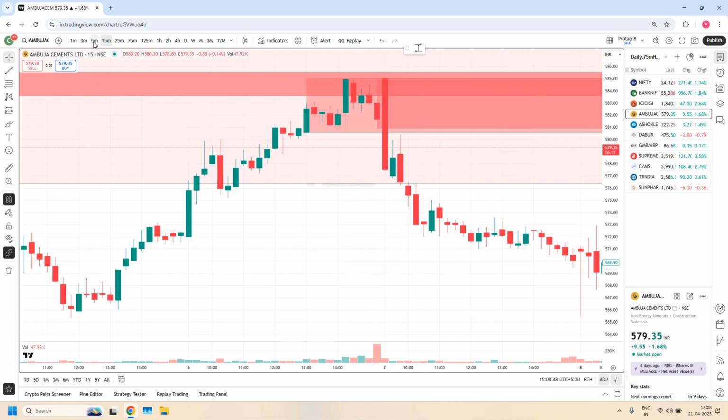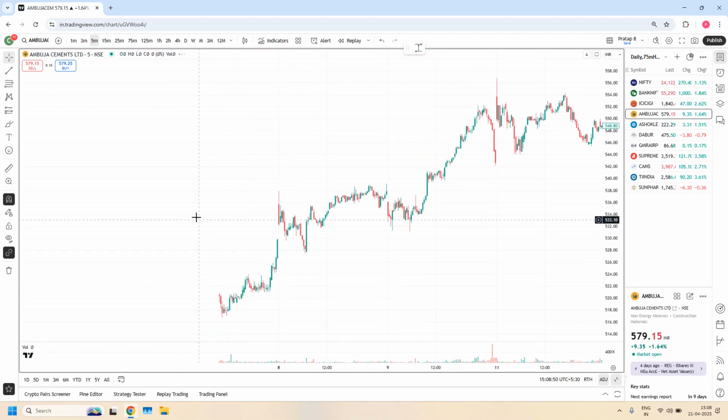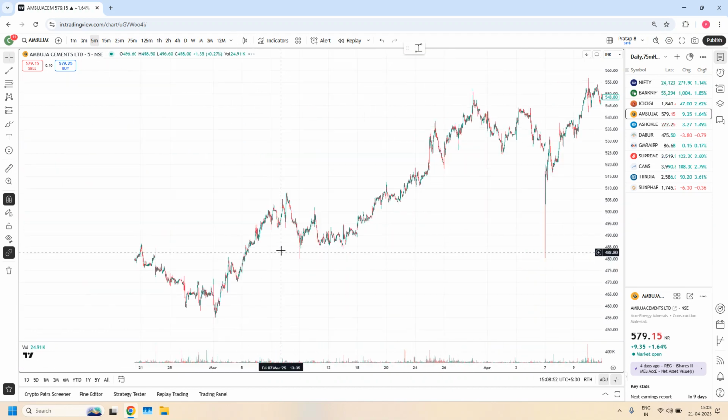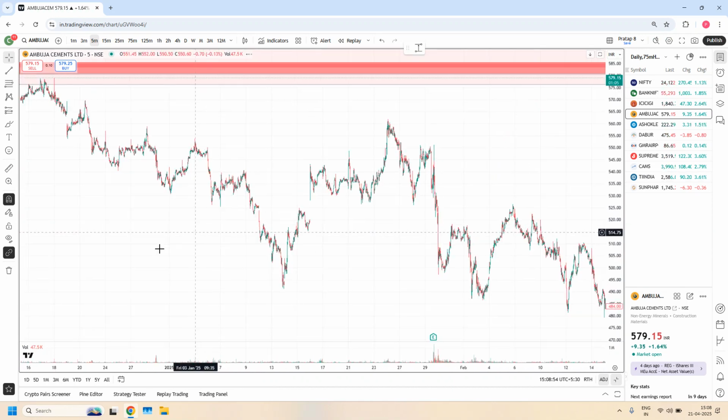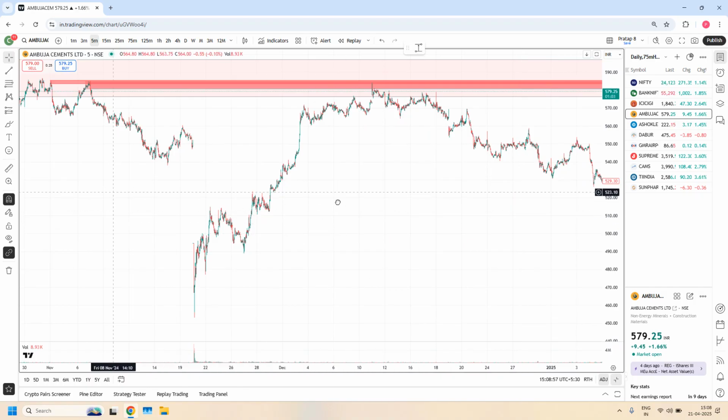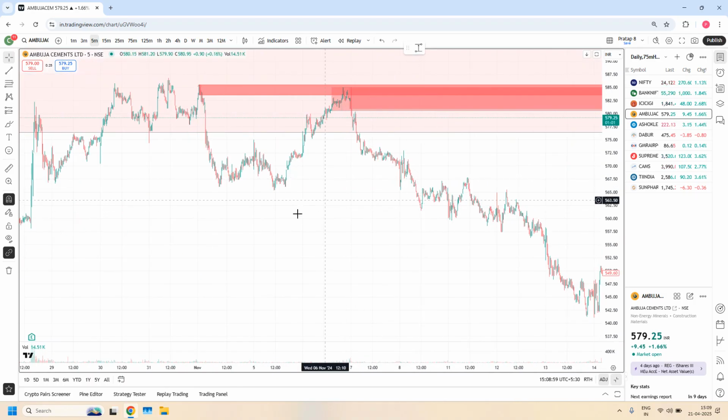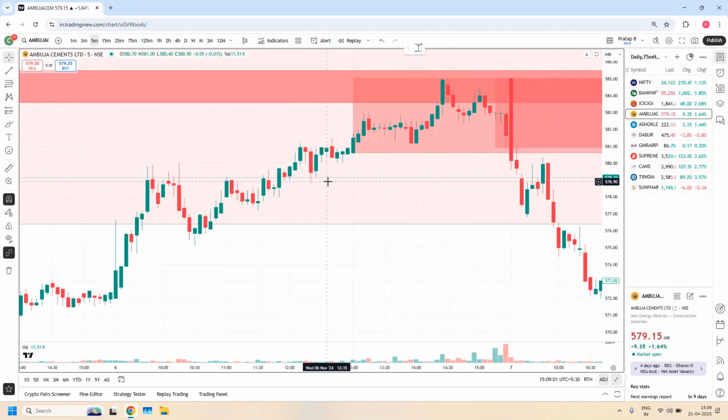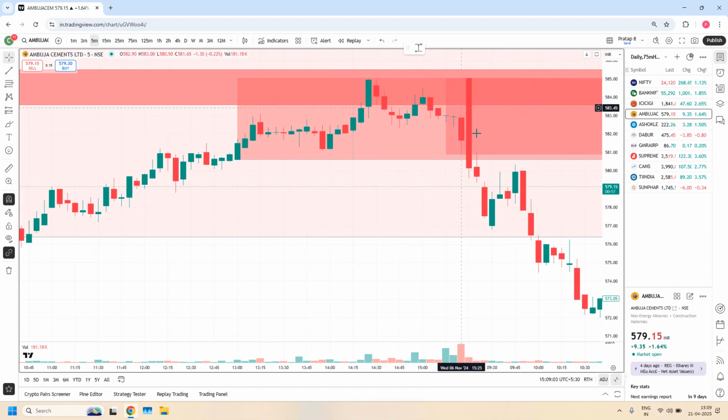If you go to the 5 minutes time frame, see, the 5 minutes structure is not at all good. Drop candle.